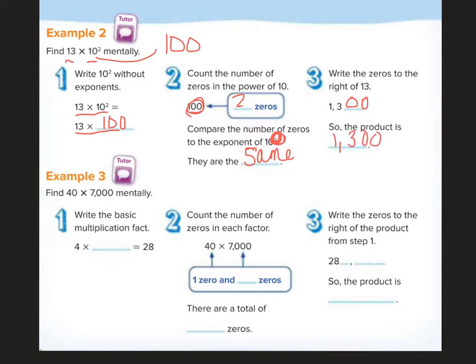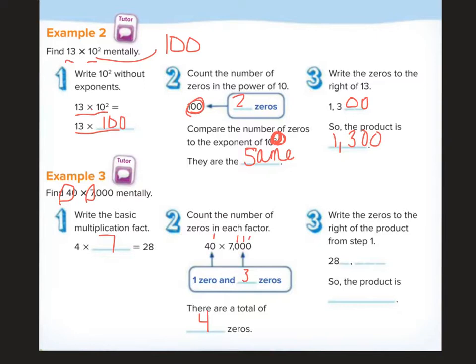Let's do another one. Find 40 times 7,000 mentally. That sounds a little tricky, but it's not as tricky as it seems. 4 times 7 is 28. I'm just taking the first digits, and that's 28, and then I count how many zeros I have: 1 zero and 3 zeros, so there are a total of 4 zeros.